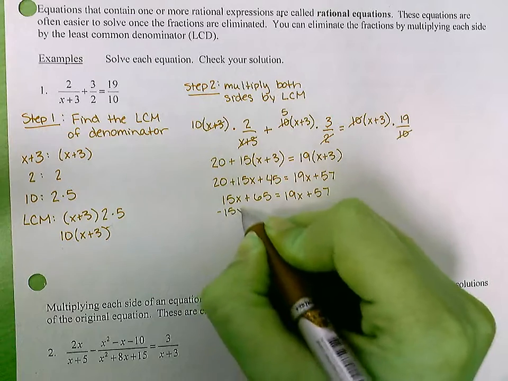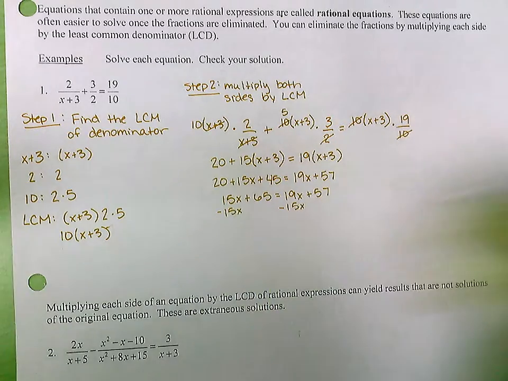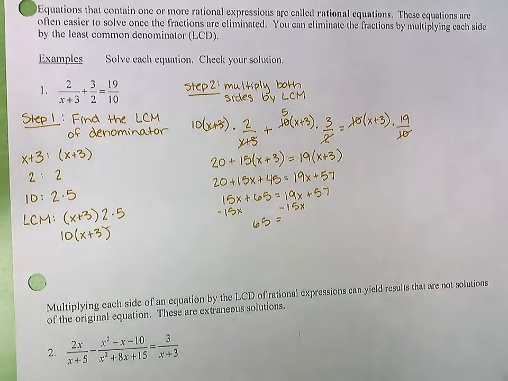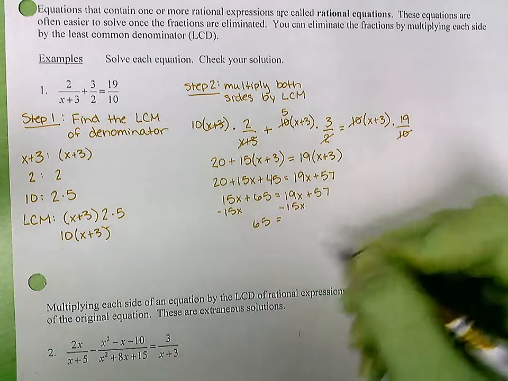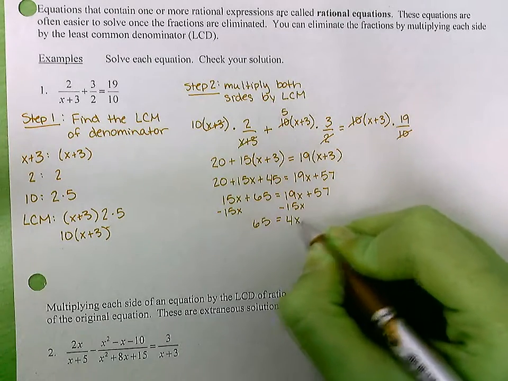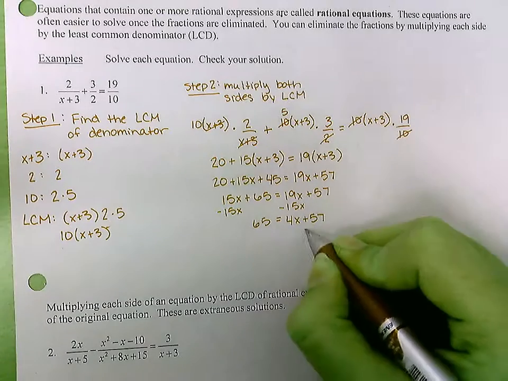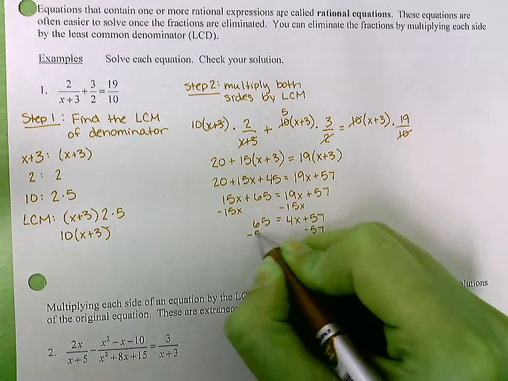I'm going to subtract 15x from both sides of my equation. So I have 65 is equal to 4x plus 57. Subtract 57.